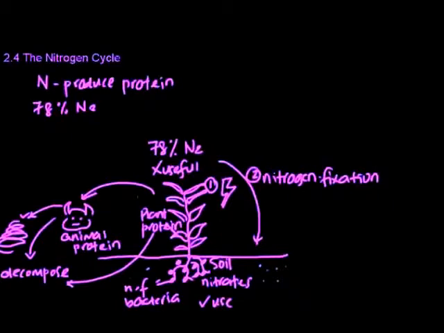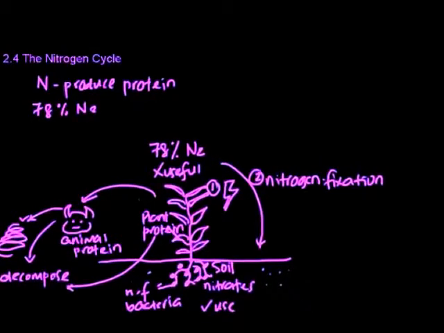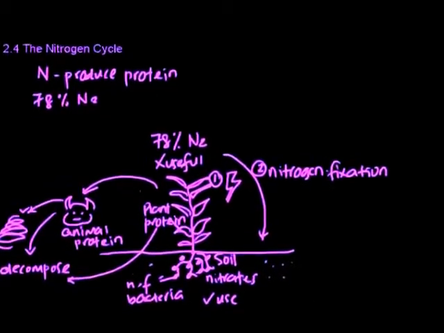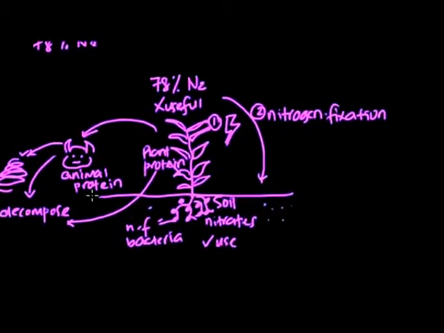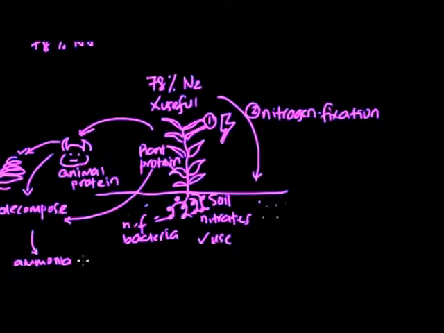The decomposition by decaying bacteria and fungi breaks down decayed plants and animals into something that we call ammonium compounds in the soil. Or we can also call it ammonia.